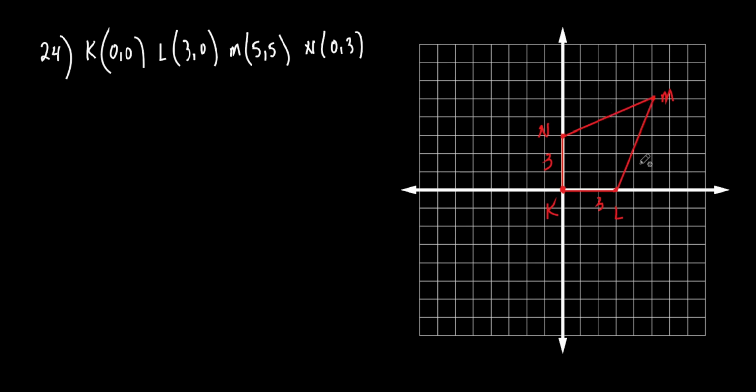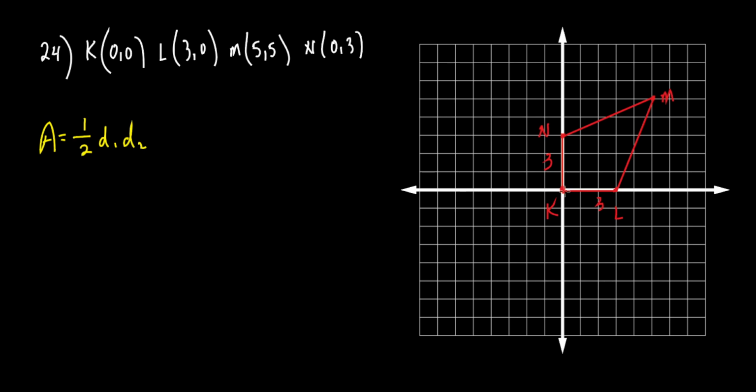So this and this are the same. I don't really have the numbers, but I don't really need them, because it's a kite, so what's the area of a kite? Same thing as the area of a rhombus. Okay, so what is it? Half D1 D2. So what do we need to find?